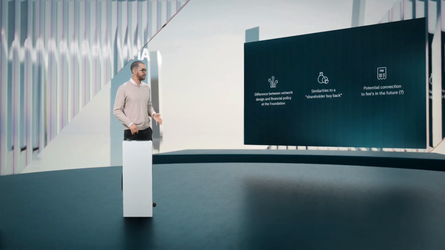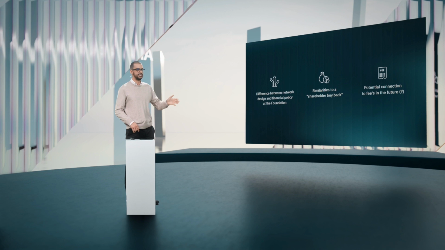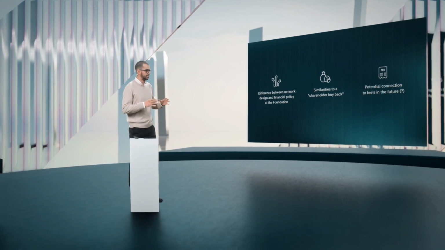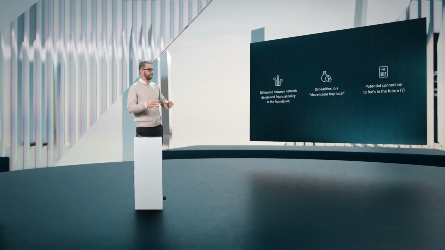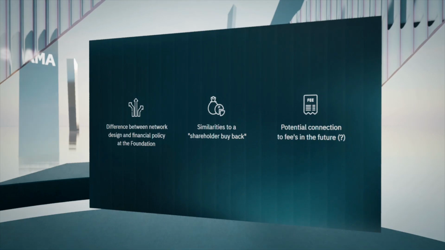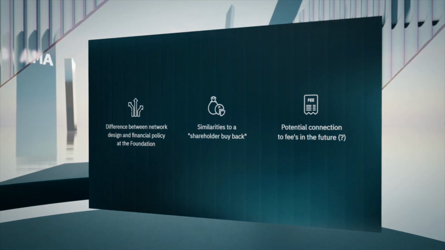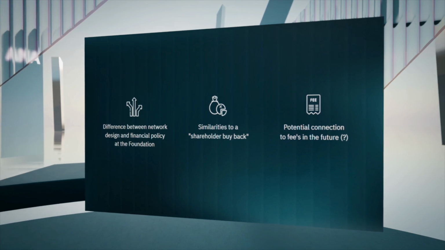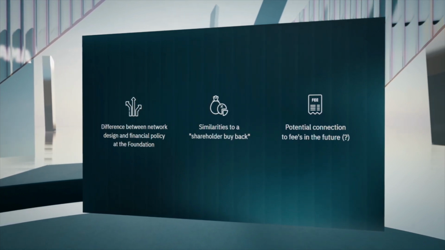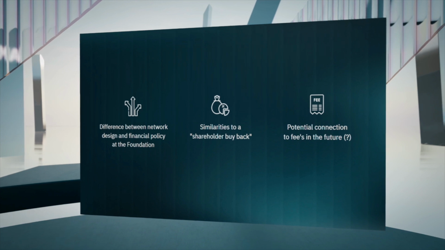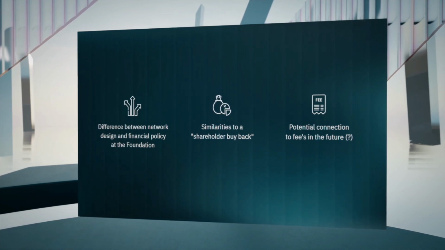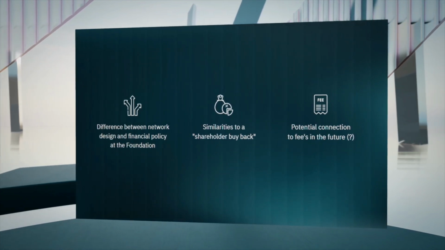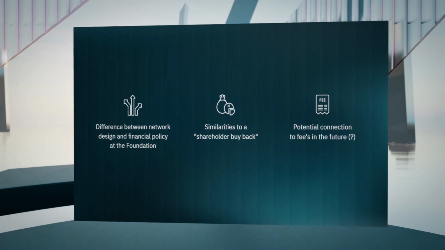I think there's a difference between the network design and the financial policy of the foundation. And the foundation has an obligation to spend its resources and finances in promoting the blockchain ecosystem the best possible way. So burning tokens from the foundation side does not really change anything.